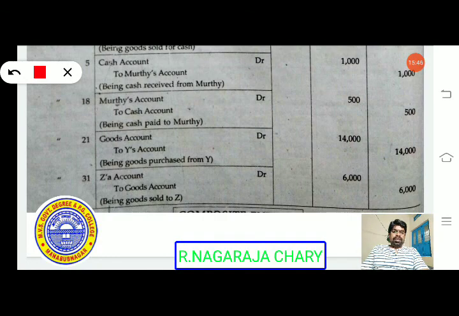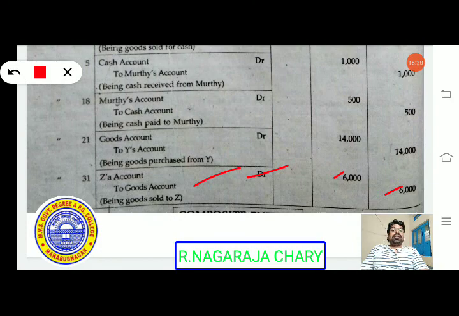Here we are selling goods to Z, so instead of receiving cash, we are selling goods on credit basis, that is why the person Z is the receiver. So, Z account debit to goods account, or you can write sales account. So, 6,000 and 6,000. Here also we can observe both the aspects are equal.